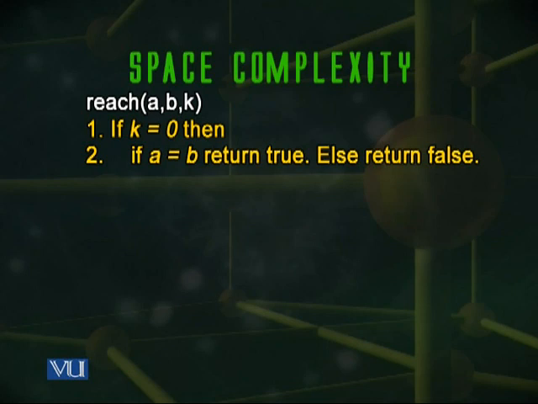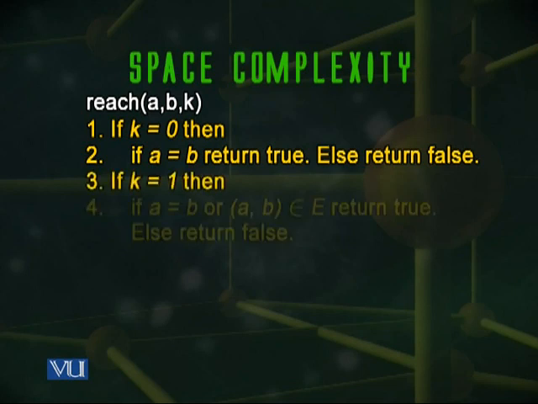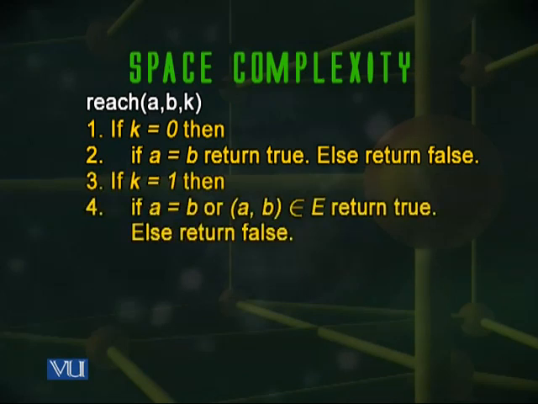And this would return the correct answer, and that's given to us by the tiny fact. Similarly, if k is equal to 1, then we check that either A is equal to B or (A, B) is an edge in the graph, and we return true, otherwise we return false. So in these two cases, these are the terminating cases for this recursive function.